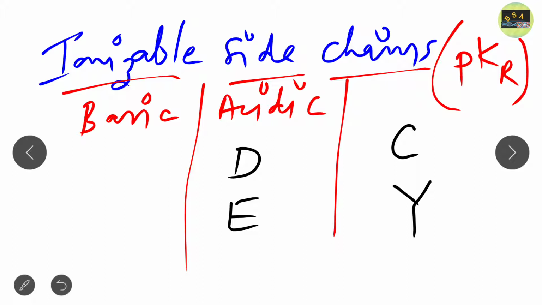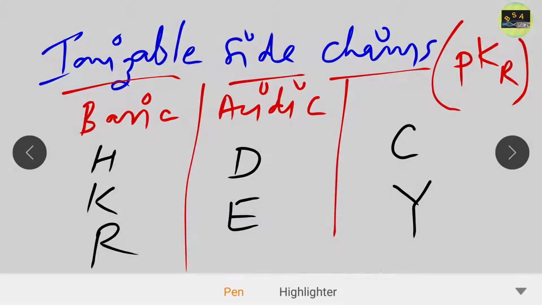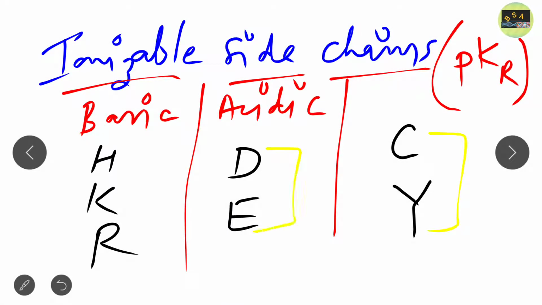And the basic amino acids are histidine, which you can say acts as a buffer, or just basic, lysine, that is K, and arginine, that is R. So these 7 amino acids, 2 plus 2 plus 3, have ionizable side chains, and these ionizable side chains are represented as pKr. Clear?